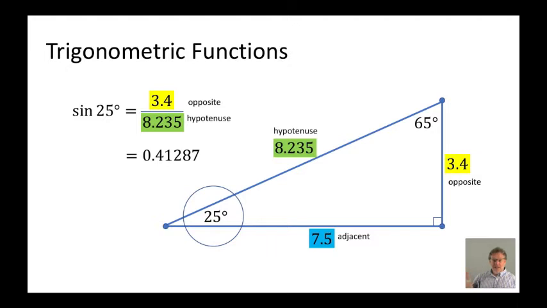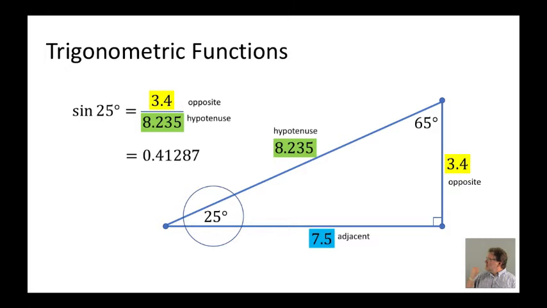It is opposite that angle. And in relation to the 25-degree angle, we would say that the blue side is adjacent. It's next to that angle. It's not opposite to it, it's next to it. It's adjacent. So those three words, hypotenuse, opposite, and adjacent, are going to be prolific throughout our presentation together here.